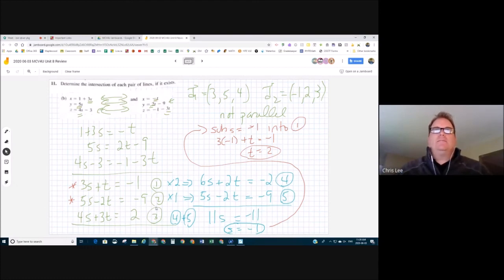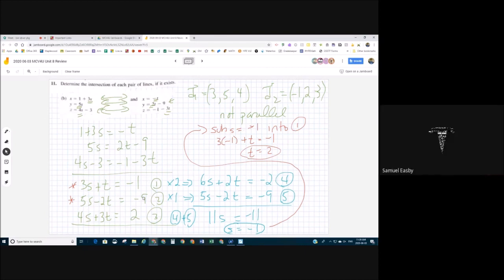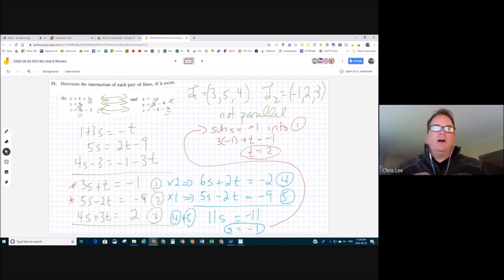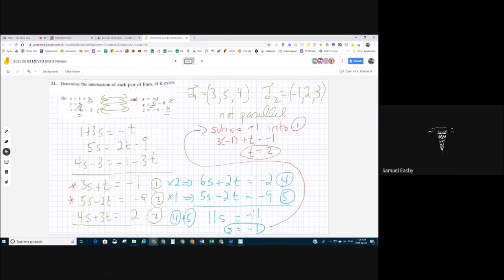You can imagine that since we only used the first 2, technically we only found where X and Y are equal. There's no guarantee that Z is also equal. So if you're talking about a line in 3 dimensions, you could have the X and the Y in the same spot, but if your Z is someplace different, it's not the same point.